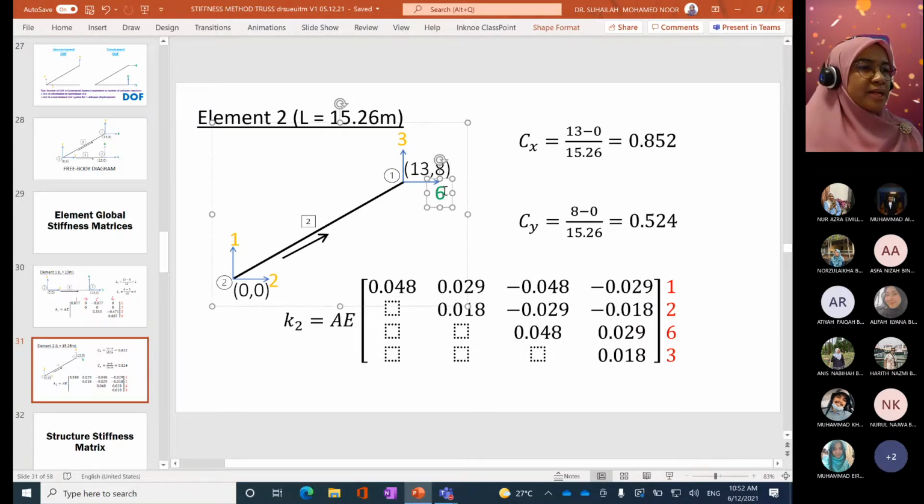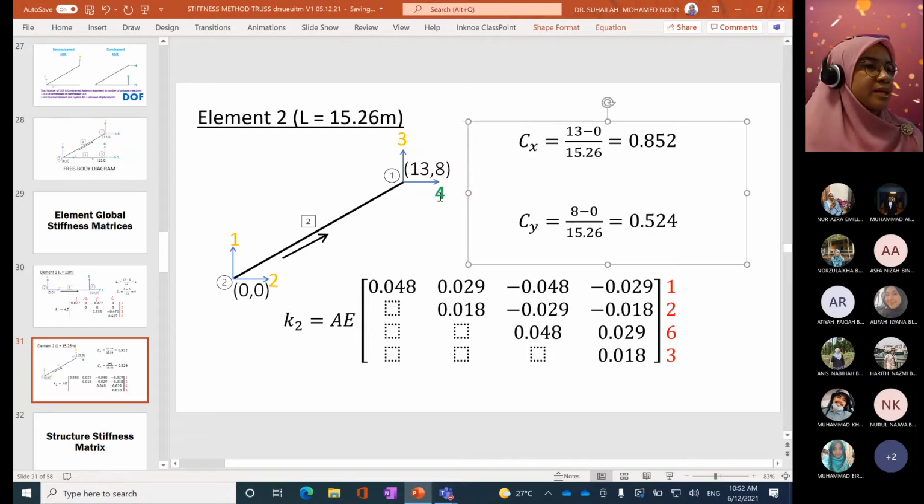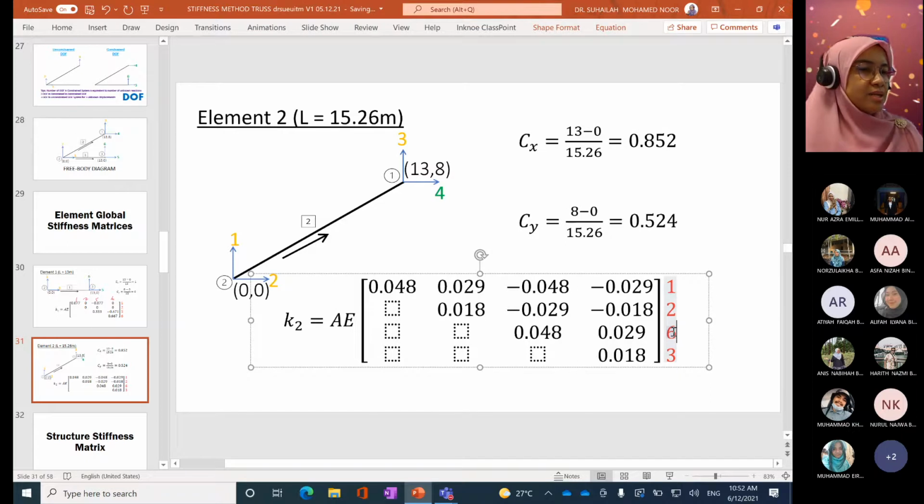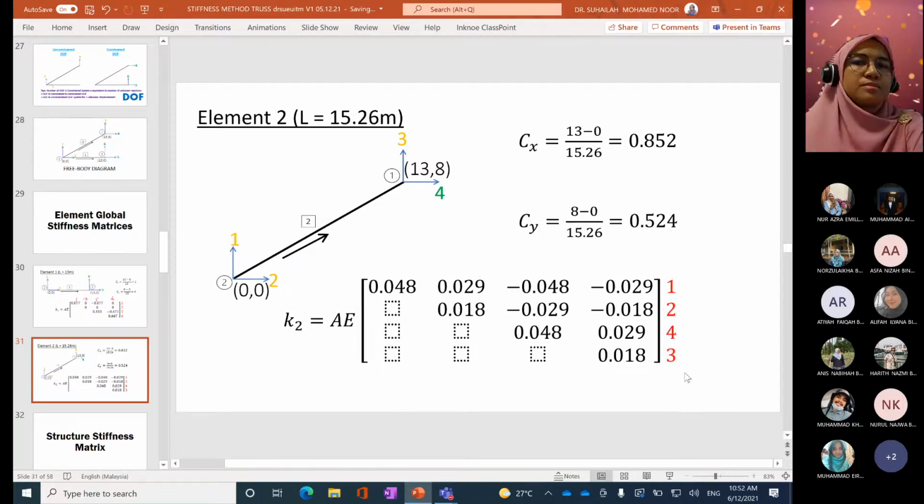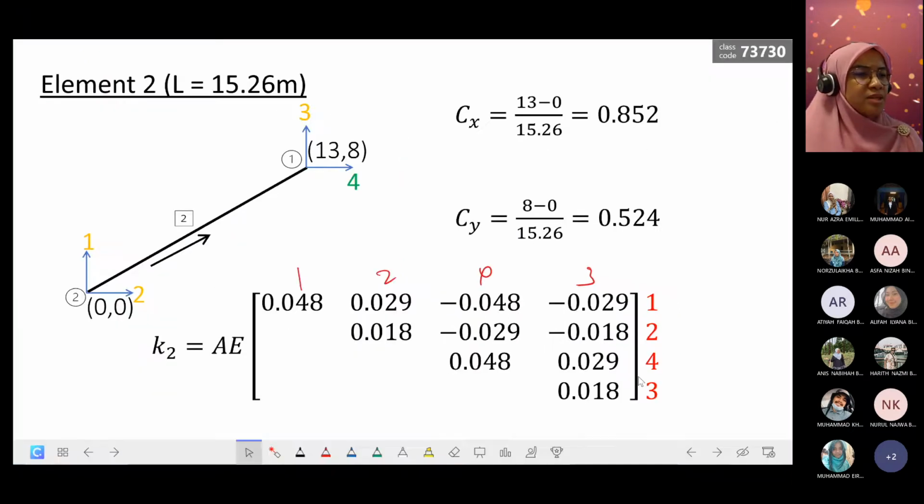Sebab kita dah ubah yang tadi, so dia akan ikut ubah sini jadi 4. Bila sini jadi 4, CX, CY tak ubah apa-apa, dia akan ubah dekat sini. So sini akan jadi 4, 3. Okay, so sini jadi 1, 2, 4, 3. Sini tak boleh tulis 3, 4, sebab posisi sini dekat element stiffness matrices ni, mesti tulis near XY, far XY.